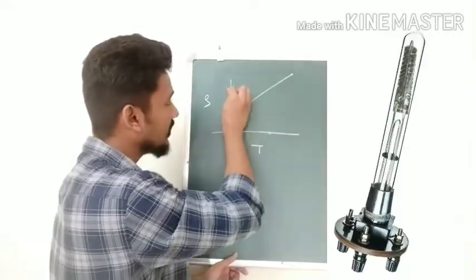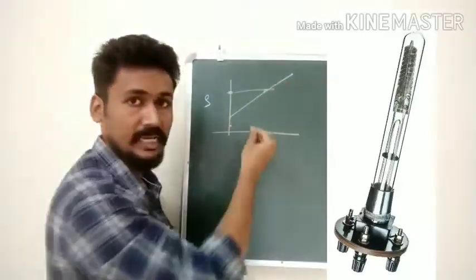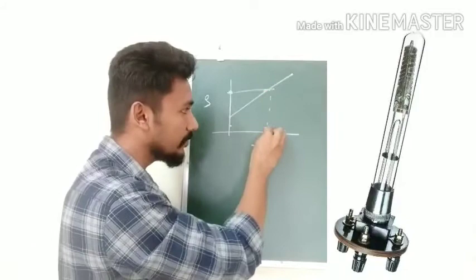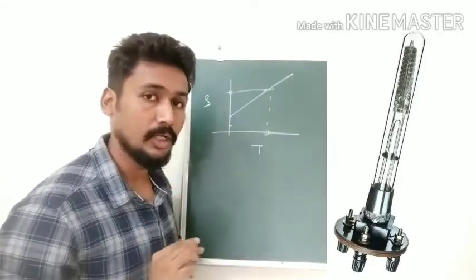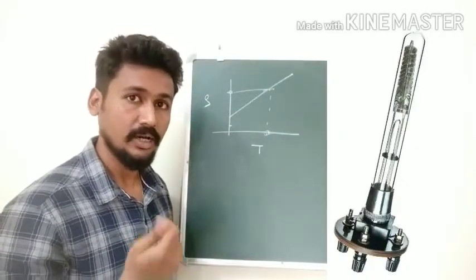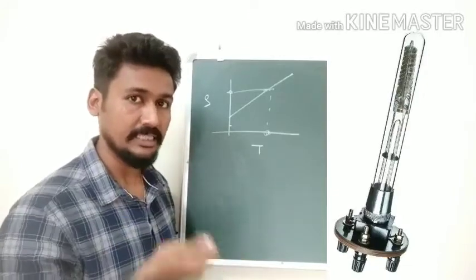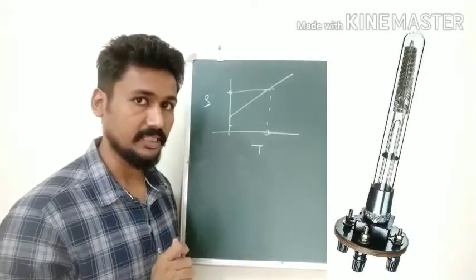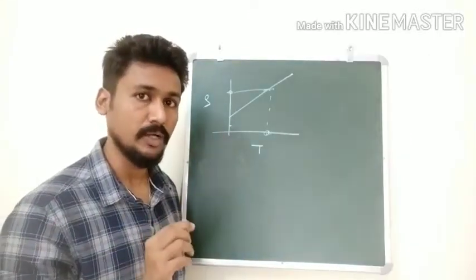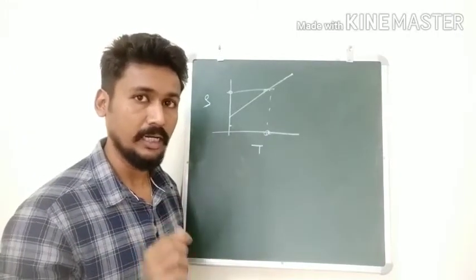If it gives a certain resistivity, we can backtrack and say it must have a certain temperature. Industry uses the platinum resistance thermometer for measuring very high temperatures. This is one of the applications of this concept.